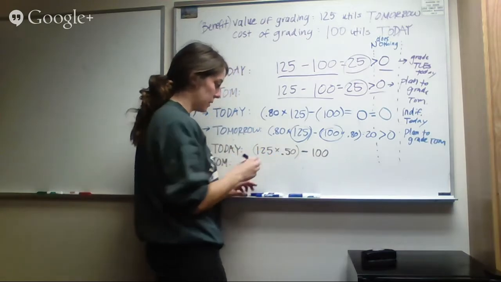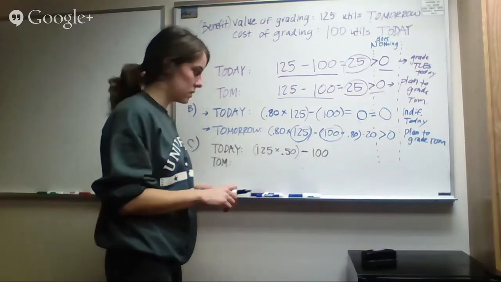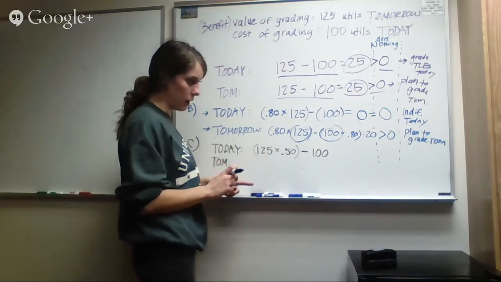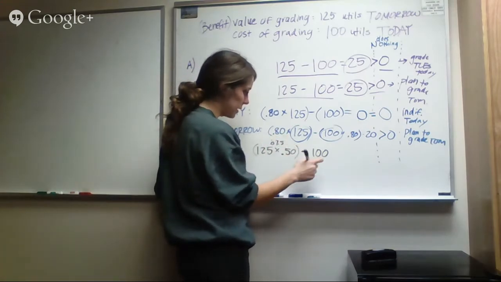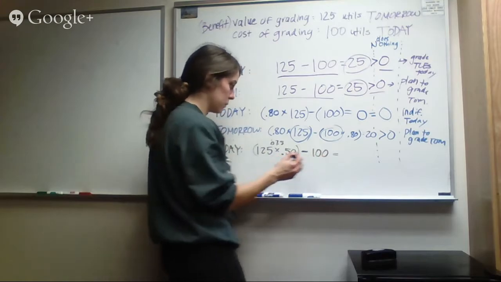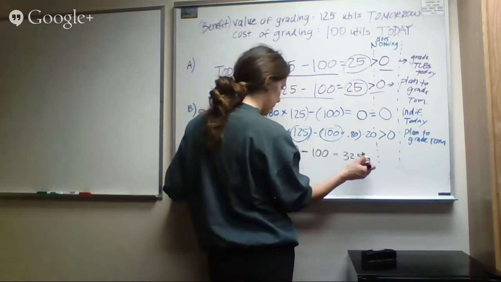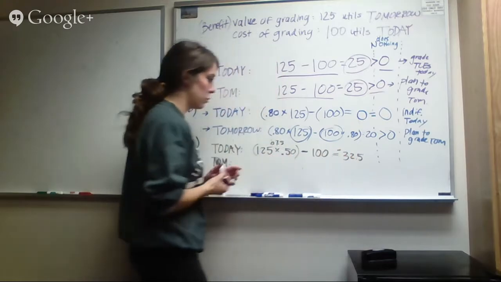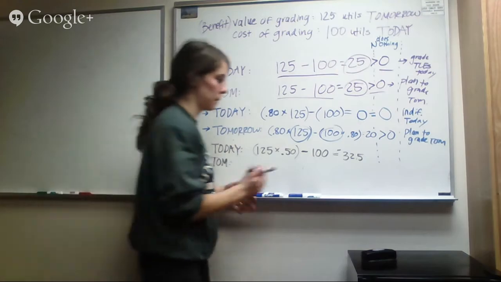So he's going to get 67.5 utils over here minus 100. So it's going to be negative 32.5 utils if he decides to grade today.